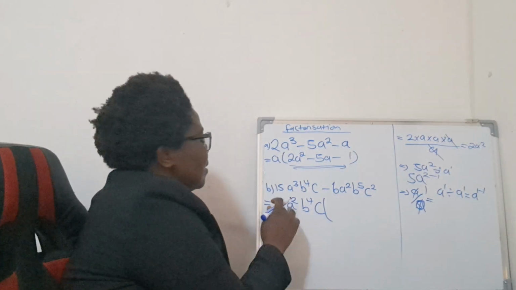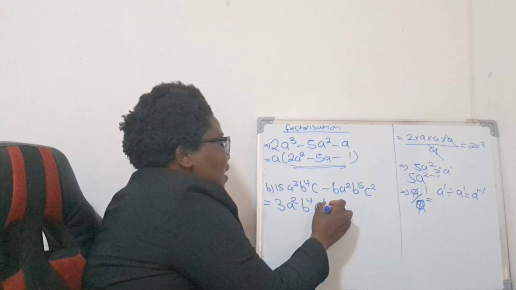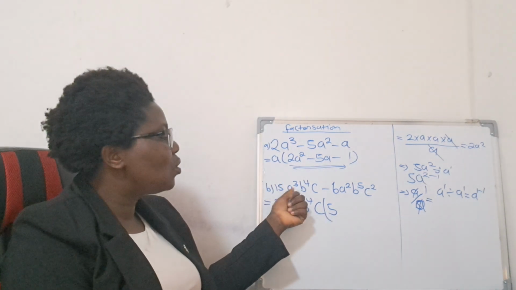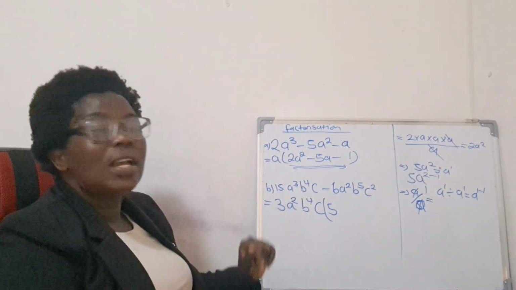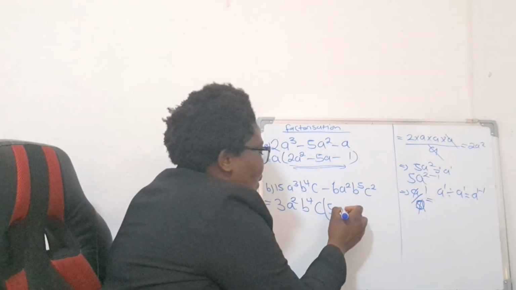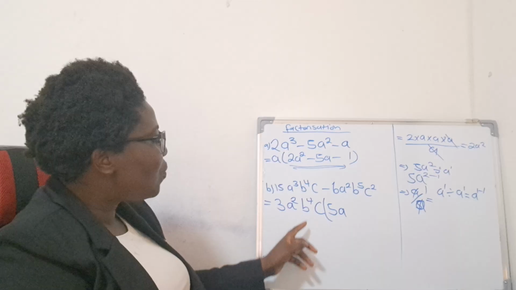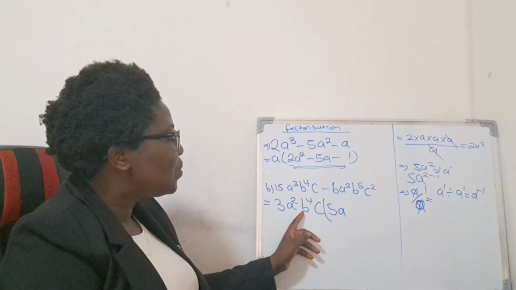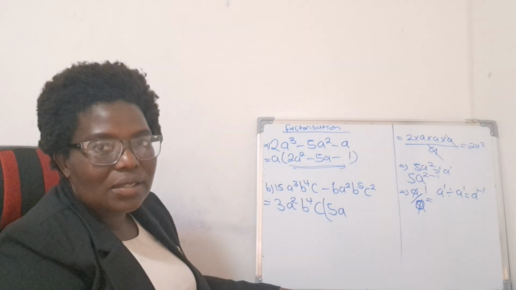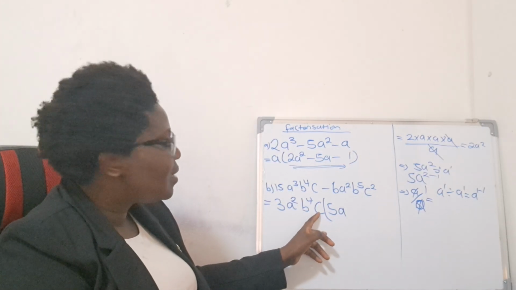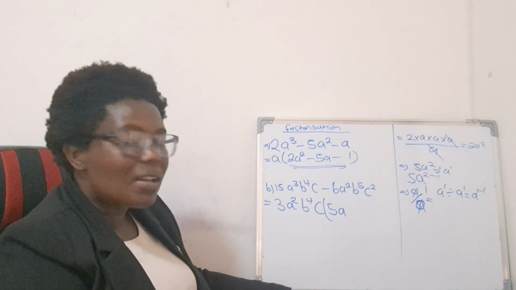So 3 into 15 gives us 5. And then a into a cubed, that is 3 minus 2, gives us a to the power 1. B to the power 4 divided by b to the power 4 gives us 1, and c also gives us 1.